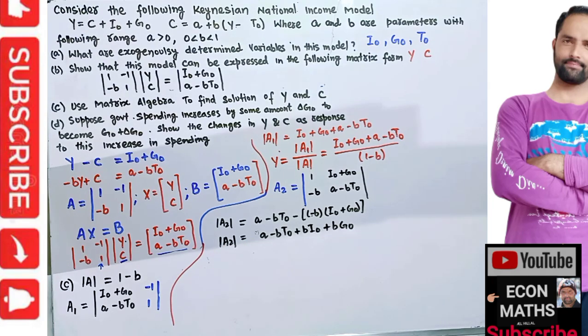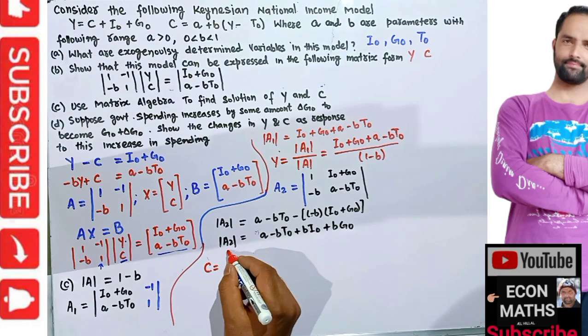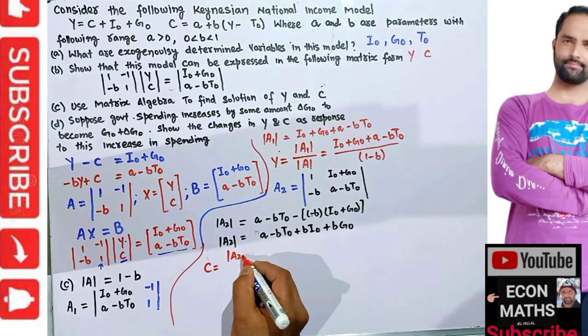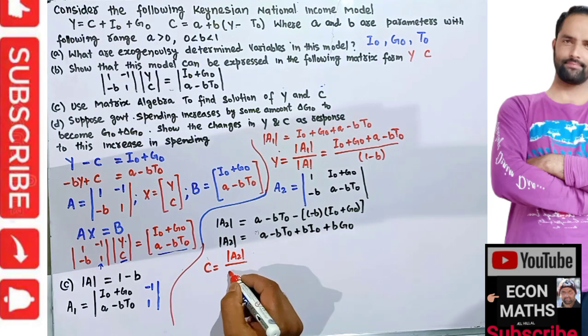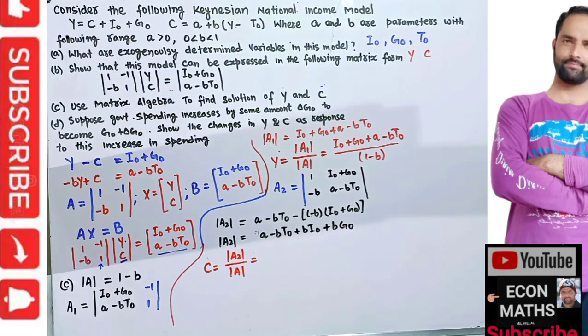Now to find the value of consumption. So to find the value of c, what will we do? We write the determinant of A2 upon the determinant of the coefficient matrix. So the determinant of A2 is this stuff. Okay, and let me write it here.